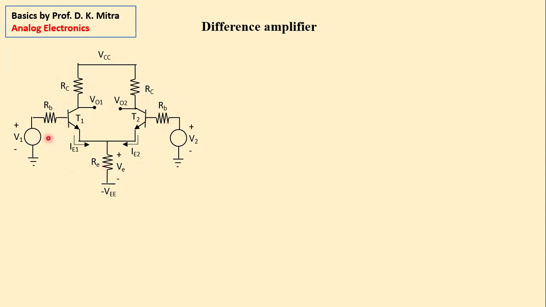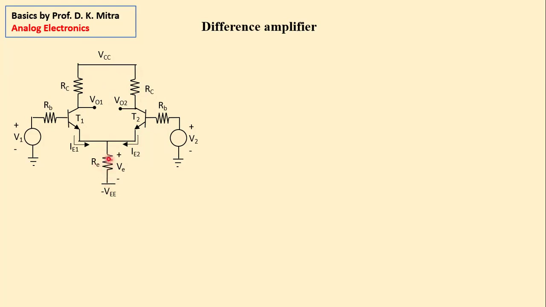Anyway, this is one input where there is an input V1, and this is another input where there is an input V2, right? And they obviously have separate collector currents because the collectors are separate, but their emitter circuit is combined. That makes a major difference.